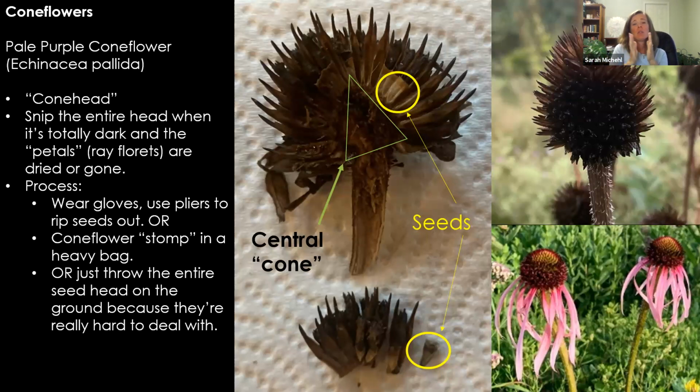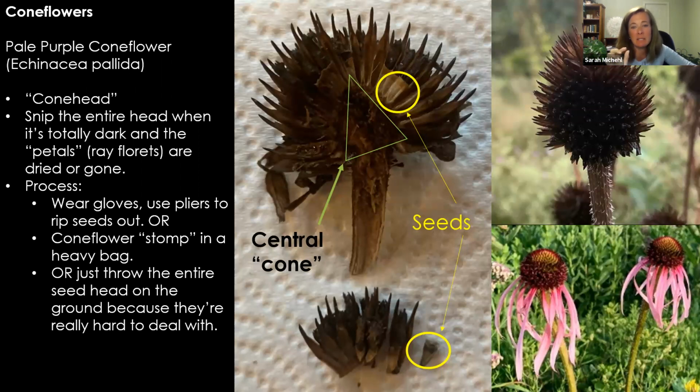So the picture in the center there, where it's on a white paper towel, that is a coneflower seed head that I cut in half. So here's the different structures. The very central cone is delineated by that triangle. That's what everything is attached to, all right? We don't visibly see that part.